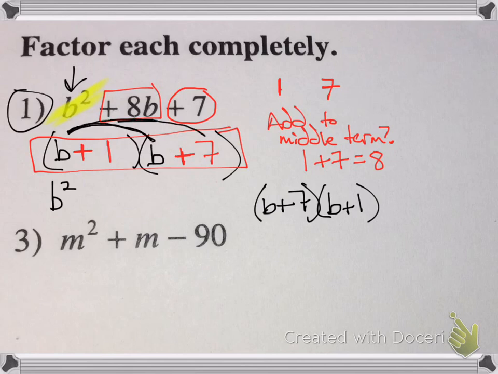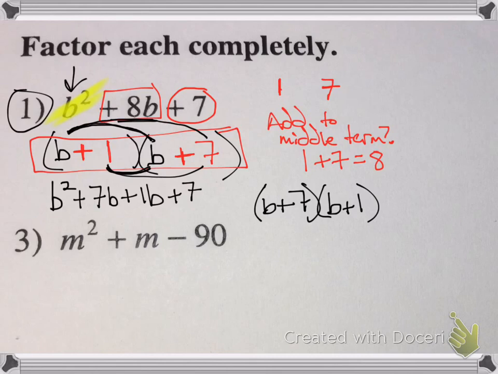So now we would distribute this b to the 7, and we would have plus 7b. Now we're done distributing that b, so we're going to move on. We're going to distribute this 1. 1 times b plus 1b. And then positive 1 times positive 7, which is positive 7.